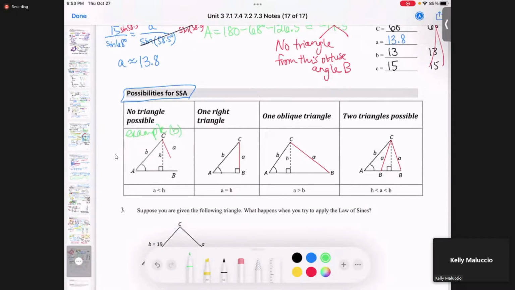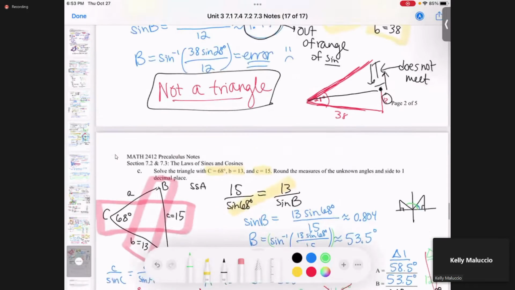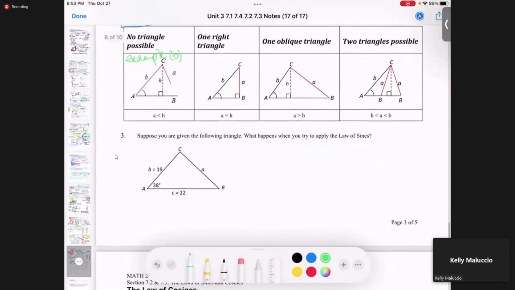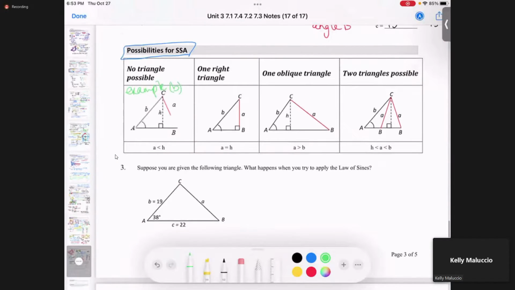And what's technically happening is, as you can see from what we got, we actually get an error when we're calculating the inverse trig function. But in general, what's happening is little a is less than, if we were to draw a right triangle inside this potential triangle, little a would be less than h here, just in this picture, right?